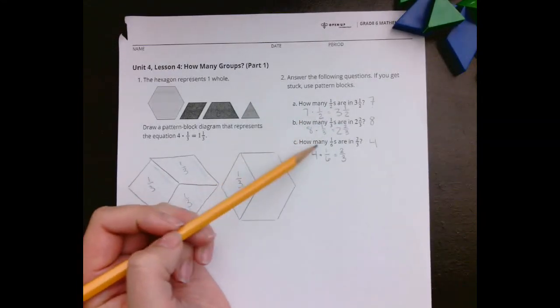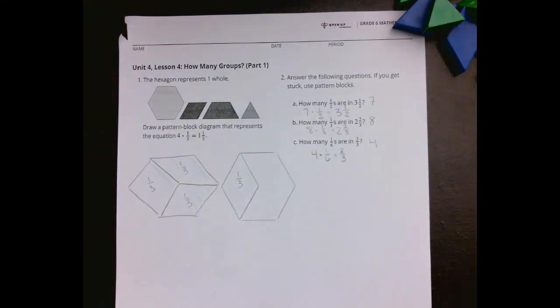So we can use the pattern blocks to show that. You can go to look at the QR code that's in your workbook for lesson 4, and it'll bring you to the applet where you can play with the pattern blocks. It should show up on your phone. I haven't actually tried it. I haven't tried this one on my phone. Definitely works on tablets. You can use it on a laptop. Okay, take care.